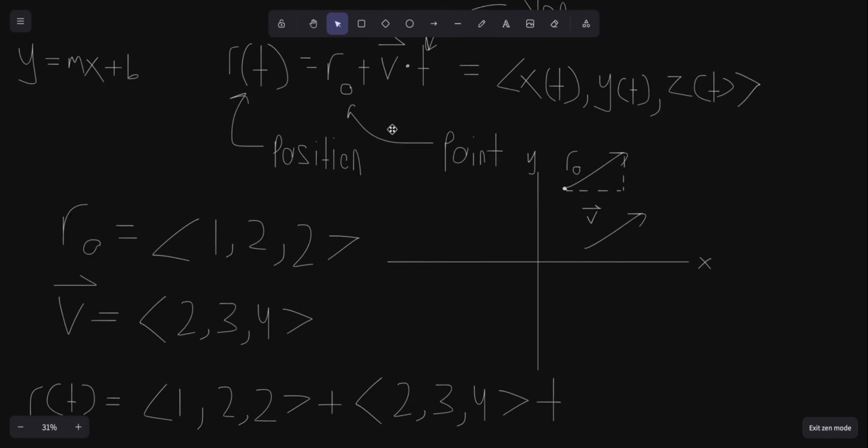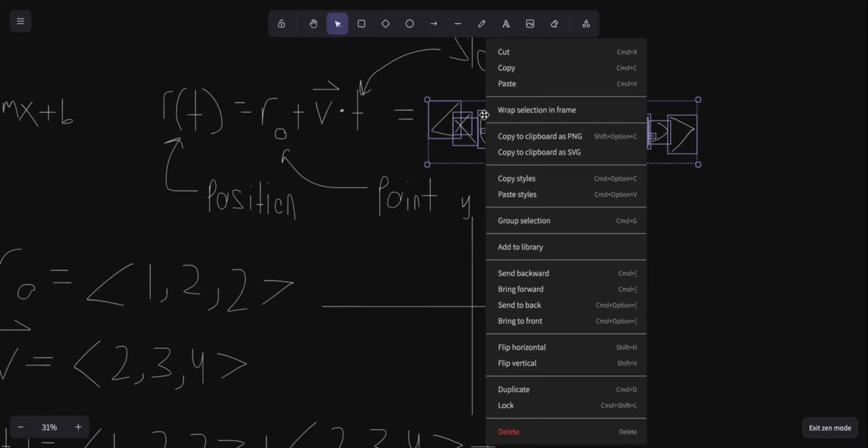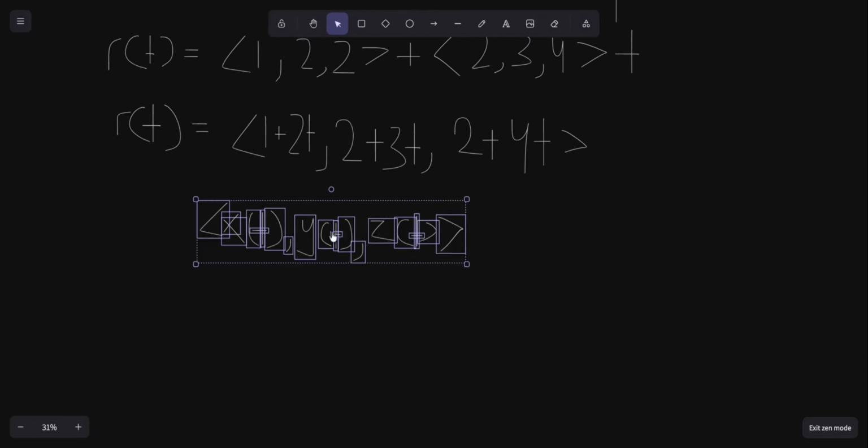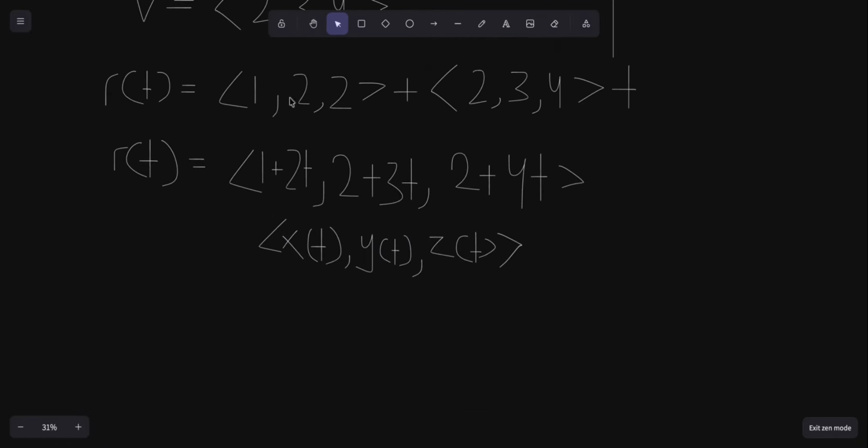Okay? And so it turns out that this is the general form for the position of your particle. But if we want to convert it into the form where we're given x of t, y of t, and z of t explicitly, we're able to simplify this, and we get that the corresponding x of t is equal to our initial x value plus the change in x, y of t is the initial y value plus the change in y, and z of t is the initial z value plus the change in z.